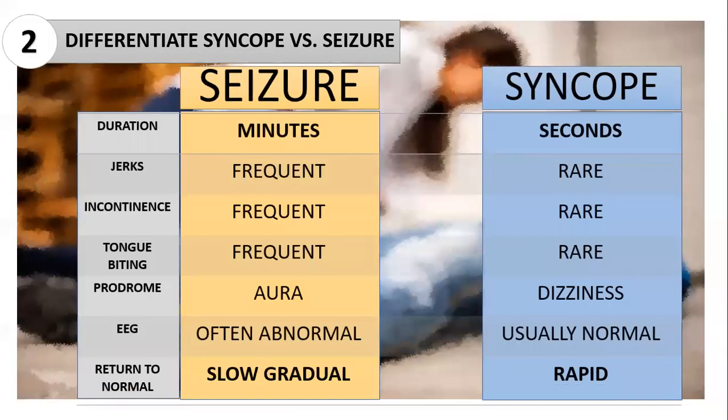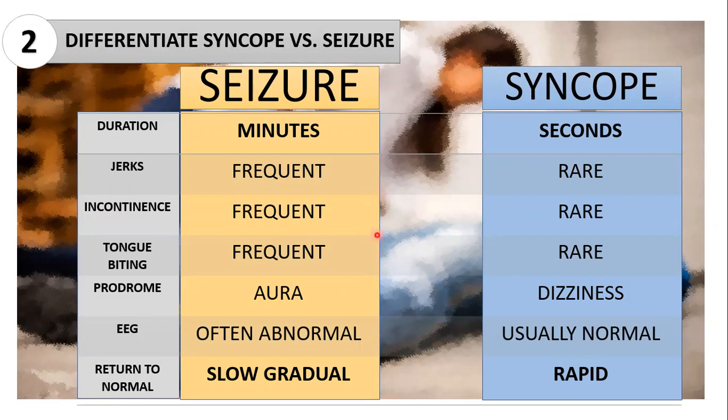Let us further characterize the two using this table of comparison. The duration of loss of consciousness for seizure is longer, unlike syncope, which occurs only for seconds. Jerking, loss of bowel and bladder control, and tongue biting are frequently observed in seizure.